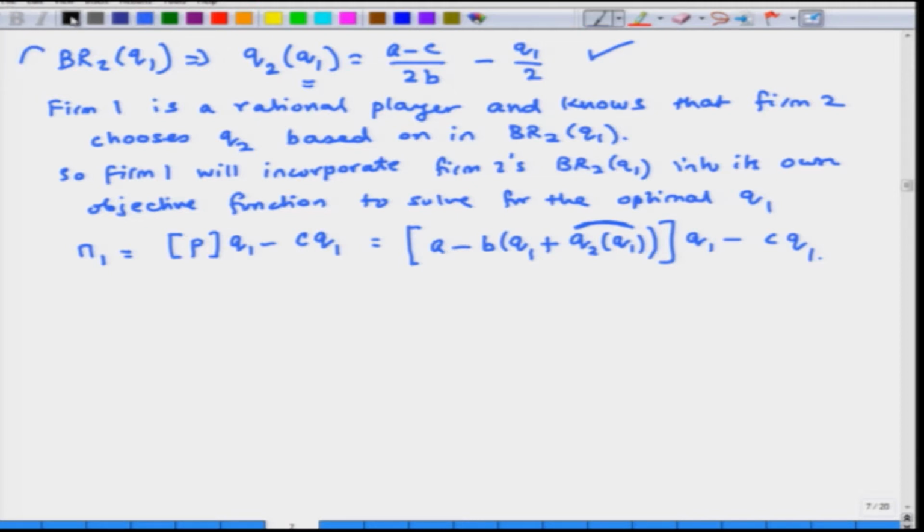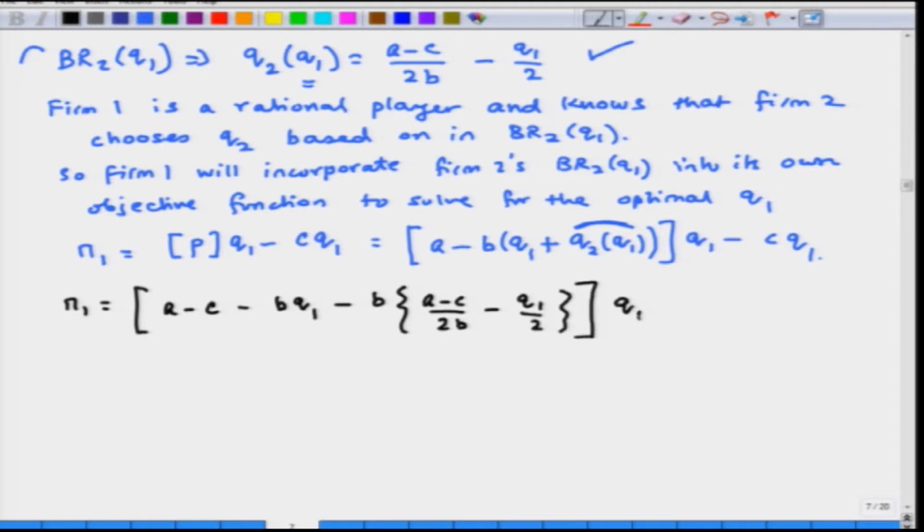So, firm 1's profit now, pi 1, is A minus, so we can include the C also together, take the Q1 outside, minus BQ1 minus B times Q2. Well, Q2 is A minus C divided by 2B minus Q1 by 2, times Q1.